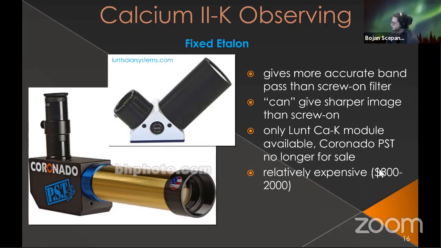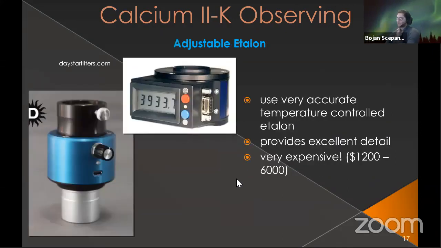It's about $800 to $2,000 to look at the calcium portion of the sun. These are additional etalon, more complex systems with a price tag to match, which actually use heating of the two parallel mirrors or etalon to change how we actually tune the system. They provide sharper and higher contrast views, but are also more expensive.